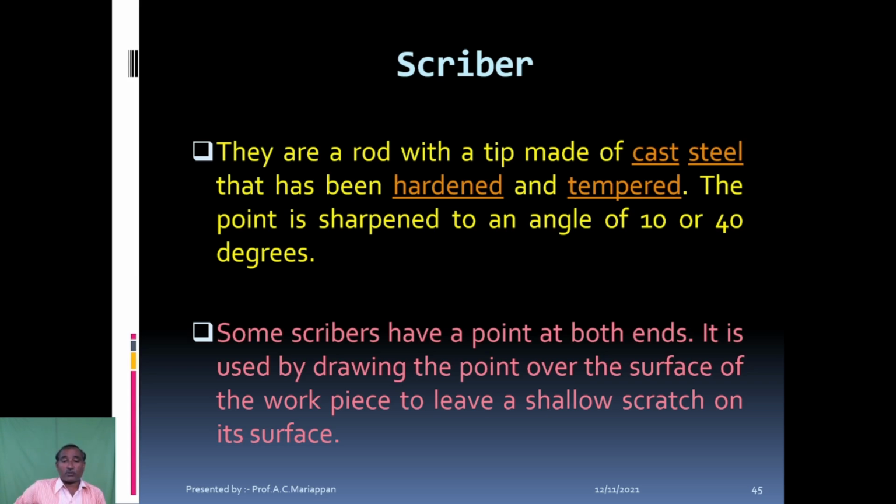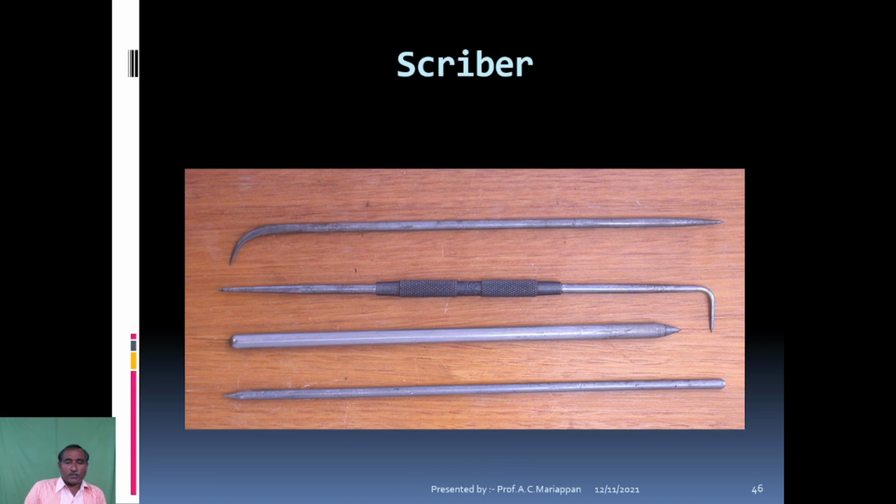The hardening process is also one of the workshop technology processes in the manufacturing method of quality: how to improve the quality of the product by minimizing defects. Some scribers have points at both ends, used to draw lines over the surface of the workpiece, leaving a shallow scratch on the surface.